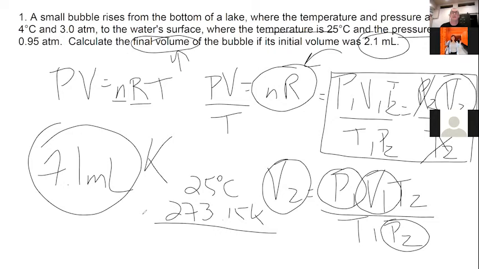So when we're adding numbers, remember, we stop at the end of whatever the smallest decimal place is. And so in this instance, when we get 298.15, these three digits are all significant. So our temperature actually has three significant digits, not two. It took me a while to get that myself.